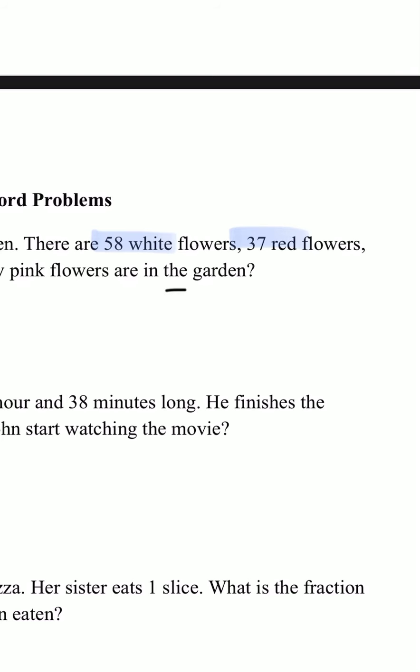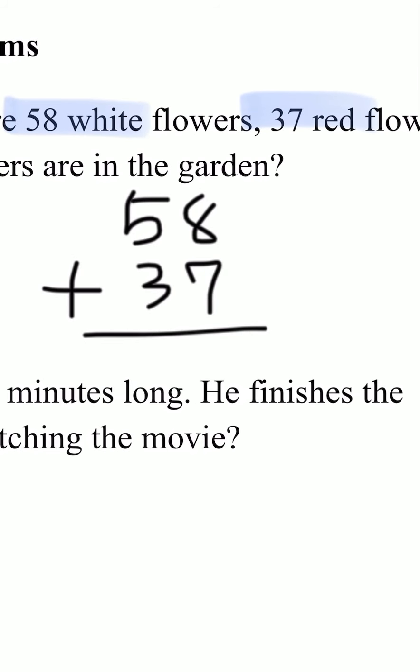So we're first going to add white and red flowers. 8 plus 7, that's 15. And we're adding these 3 numbers. So 1 plus 5 is 6, plus 3 is 9.